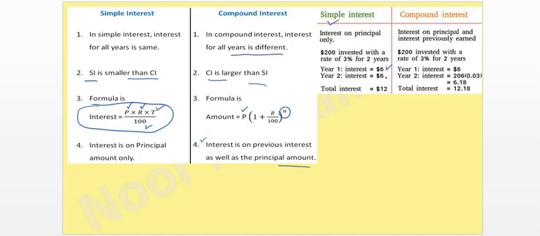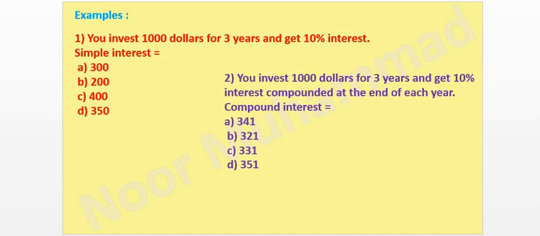Next year, if you find the interest, it will also be $6, and total interest will become $12, right? If you go with compound, at a rate of 3%, the first year you will get $6, but next year when you find the interest, the principal amount will change into $206. Clear? Let's solve some questions and then it will be more clear for you to understand the difference.